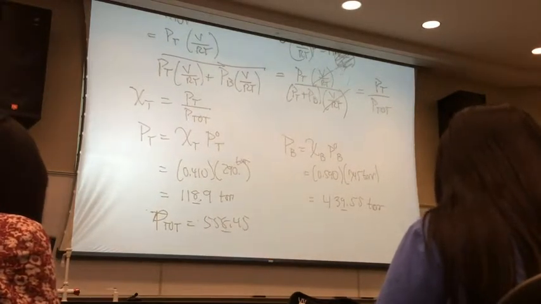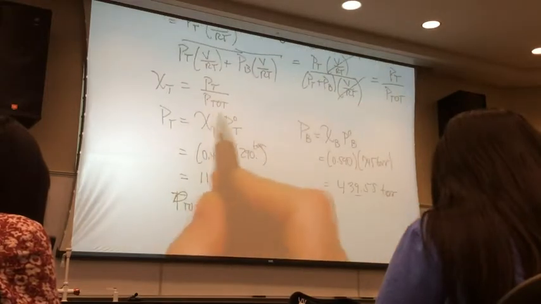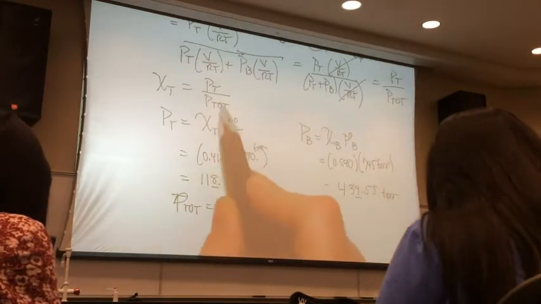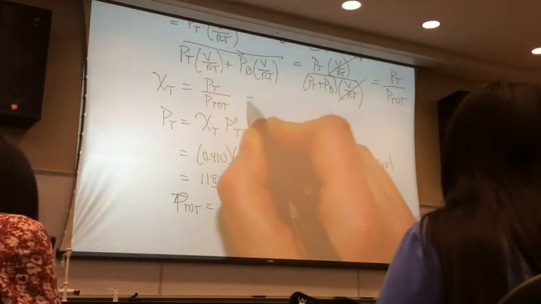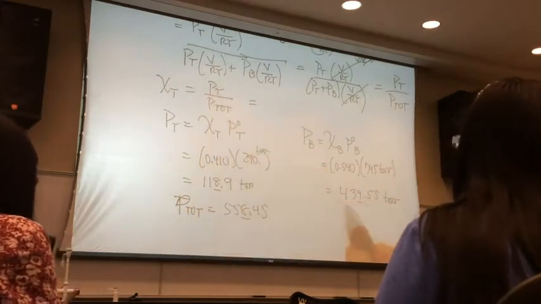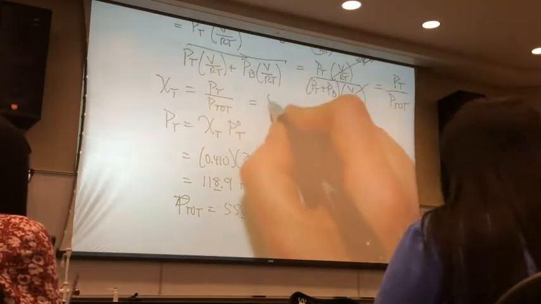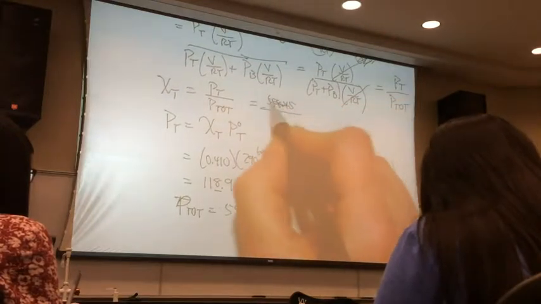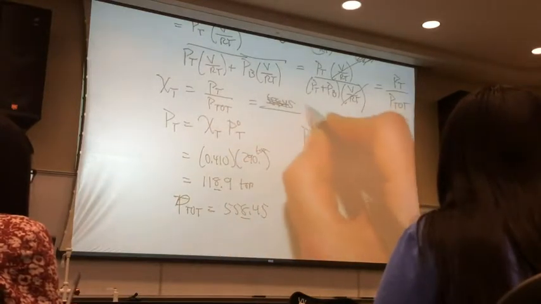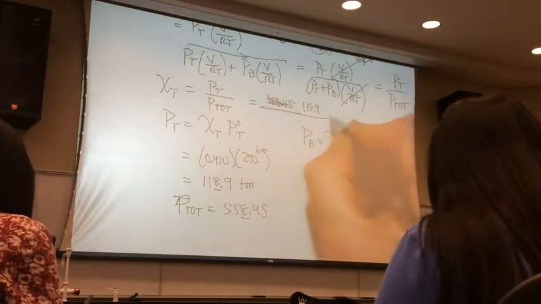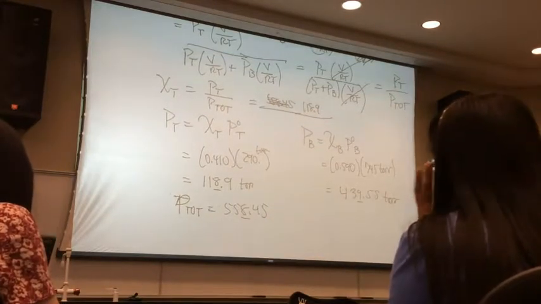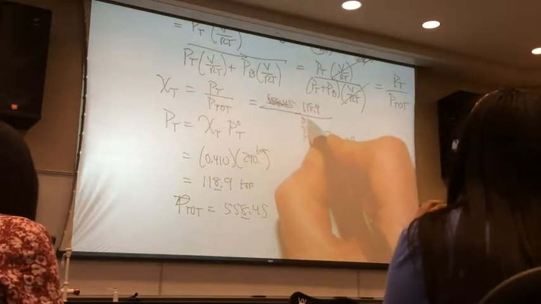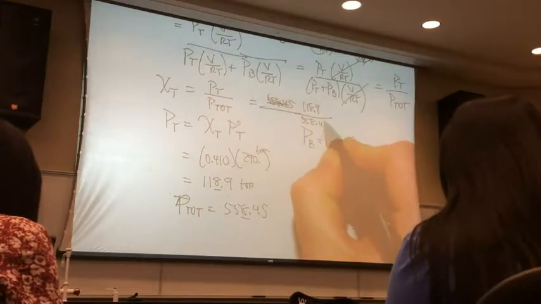All right? So your mole fraction right here is just going to be the pressure of toluene, 118.9, divided by the total, which is 558.45.